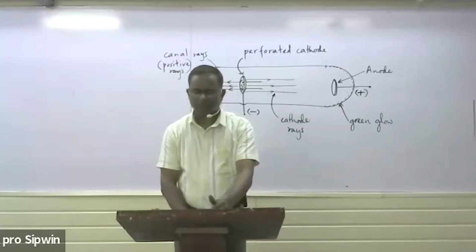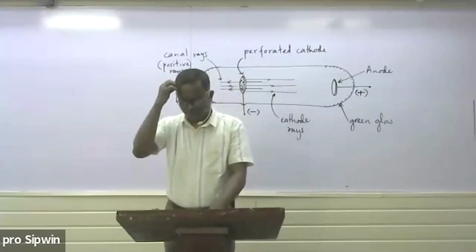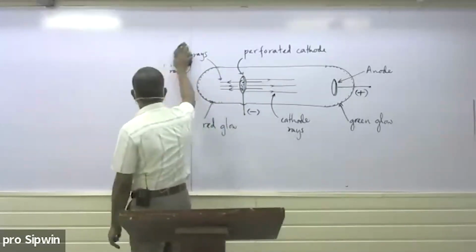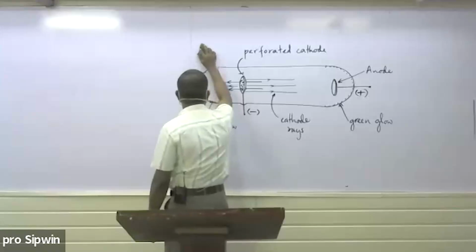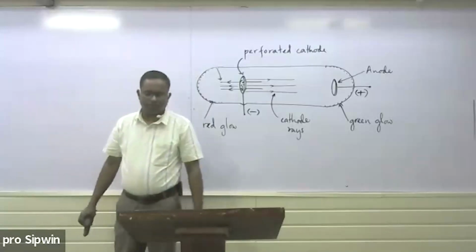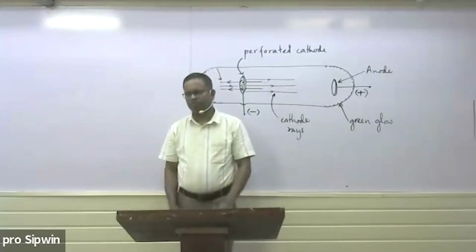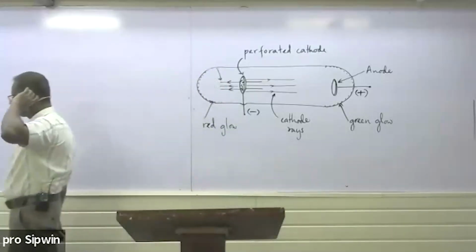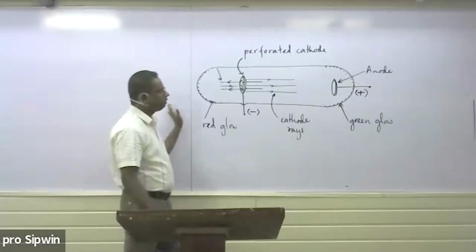Formation of positive rays can be explained simply as given below. Now, here the cathode rays are passing.